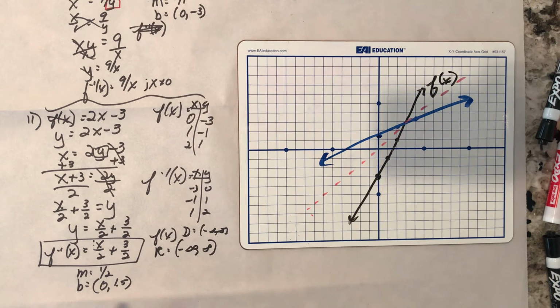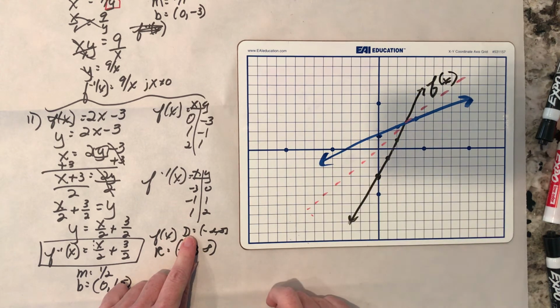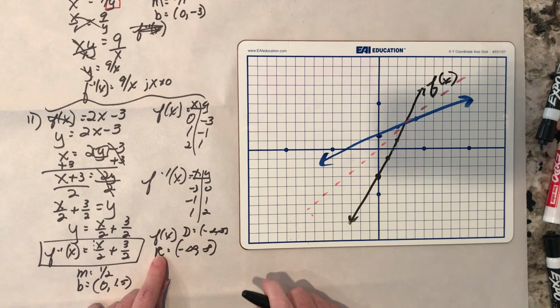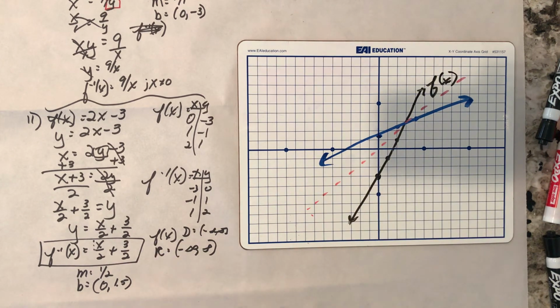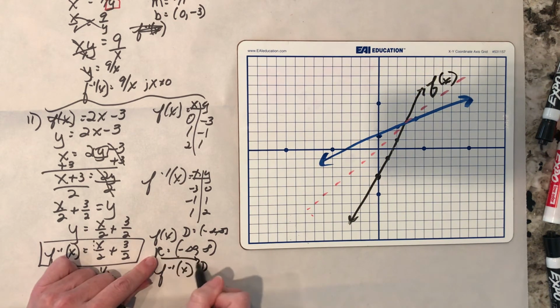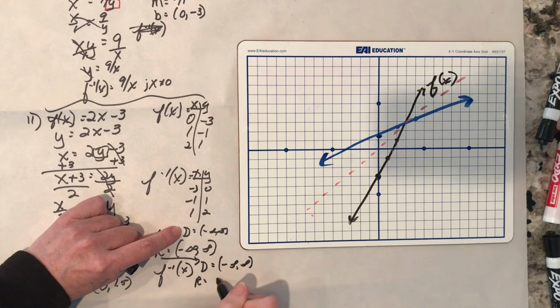If you remember from Thomas's lesson, what we know about the domain of the function will match the range of the blue line, and the range of the function will match the domain of the blue line. So when we go to do the inverse, the domain will be this range, and the range for the inverse will be the domain of the original function.